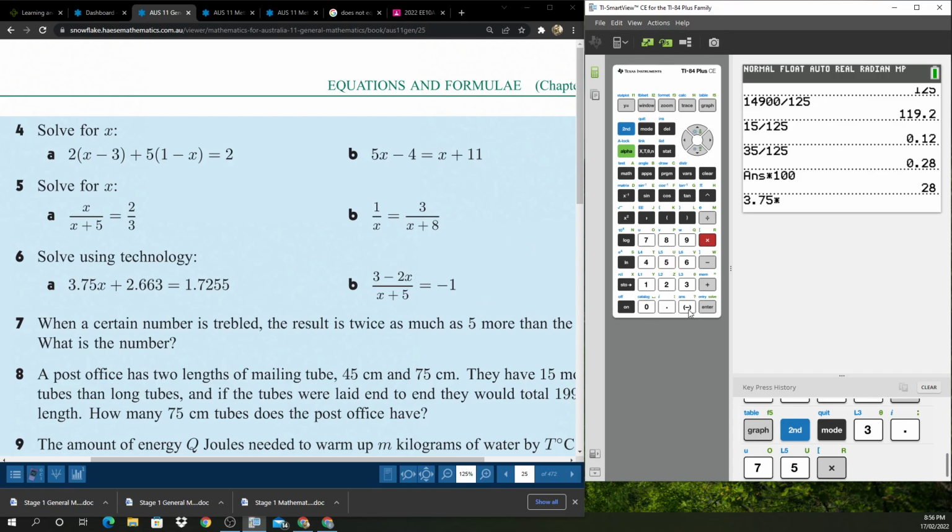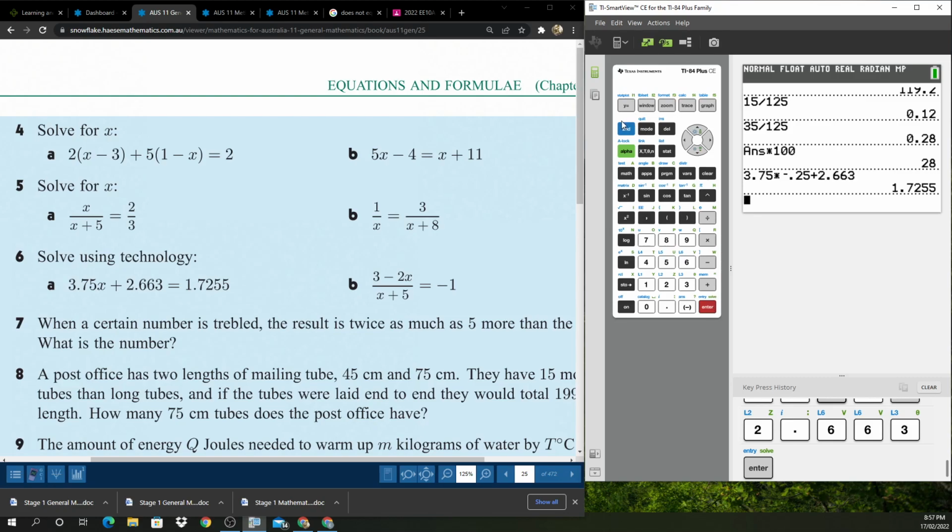Yes, minus 2.5, minus 2.25, plus 2.663. Yep, that's correct. Okay, so got it.